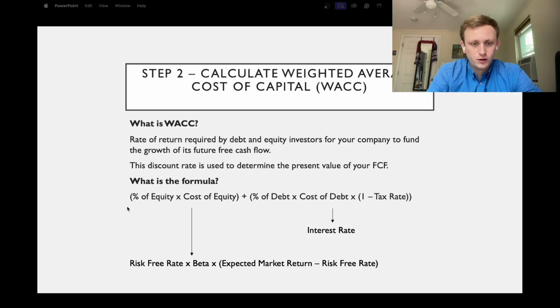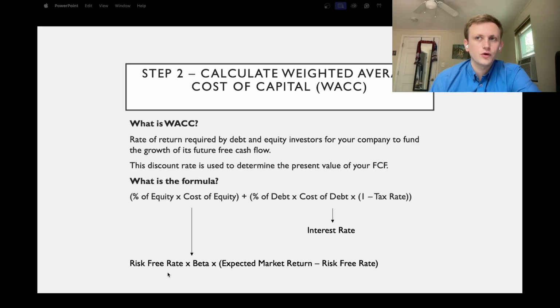Now this is our formula down here. So first, it's the percentage of equity times the cost of equity plus the percentage of debt times the cost of debt times 1 minus the tax rate. Now this first part is known as the risk-free rate, which is the rate of return that you would get back.